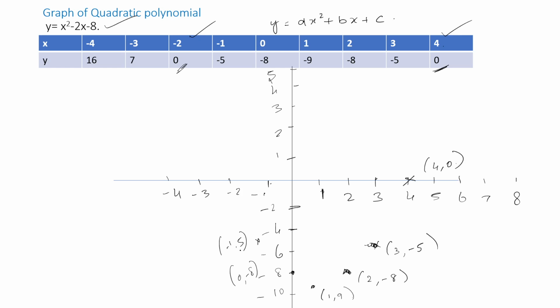You can draw on a graph and see; I'm just approximating this. Then minus 2, 0 will be over here, and then minus 3, 7. Please mark it somewhere above this, over here.